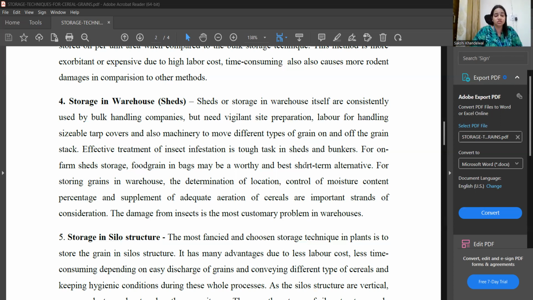What it is telling you is that for storing grains in warehouses, the determination of location and moisture control are all standards we have to consider. Also, the major problem is that grains are more susceptible to insects.